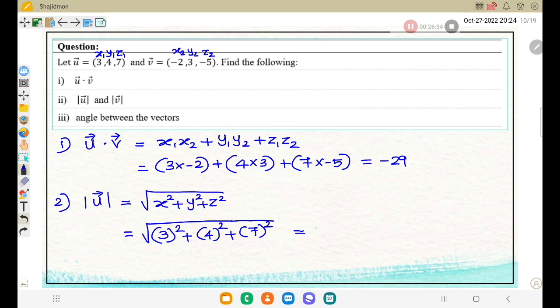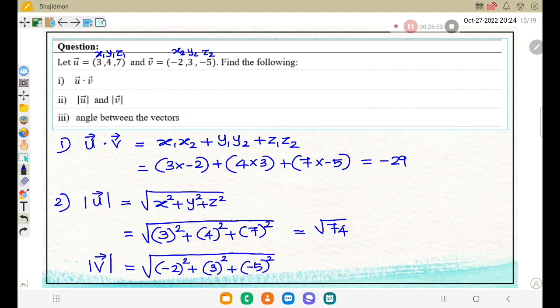When we use a calculator, you will get root 74. Same way for vector v, the x component is minus 2 square, the y component is 3 square, plus the z component minus 5 square. So you can calculate this value, it equals root 38.